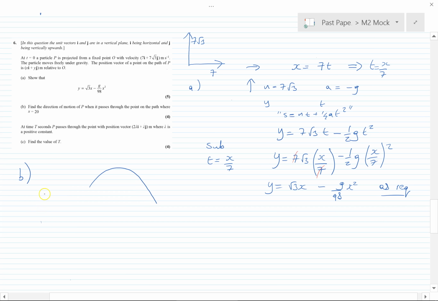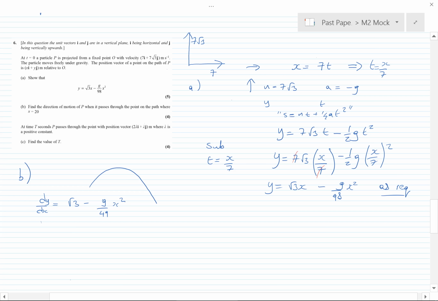So if we differentiate, we get dy by dx is equal to the square root of 3 minus g over 49 x squared.